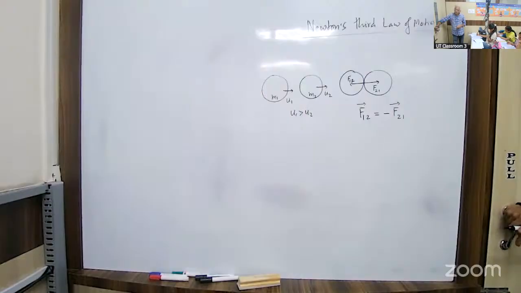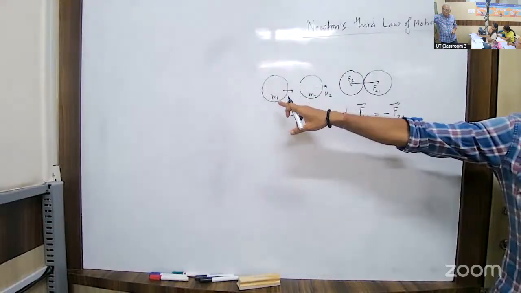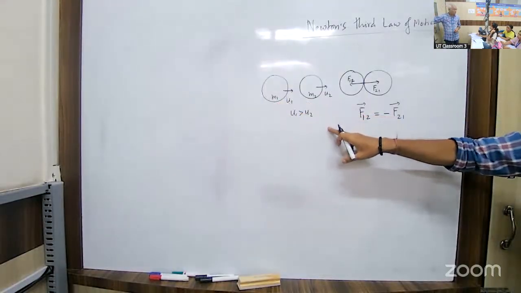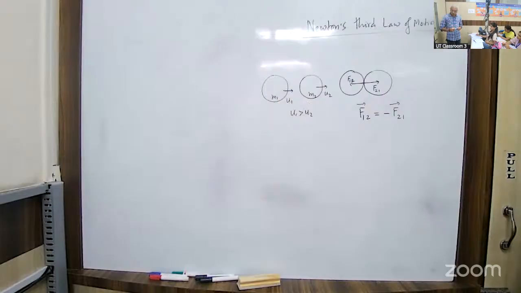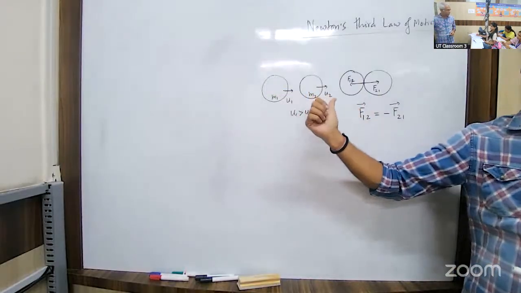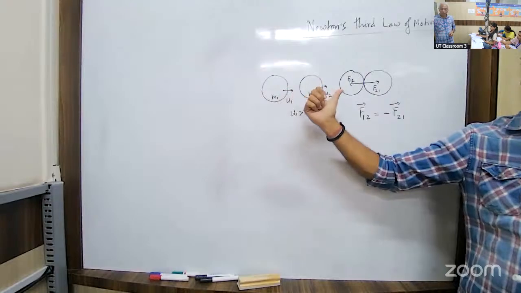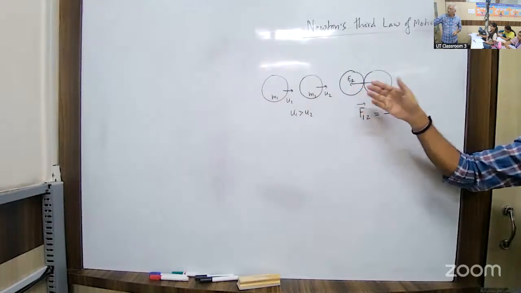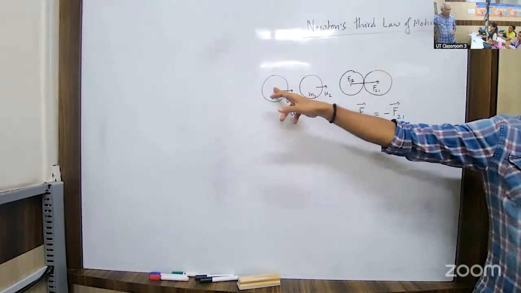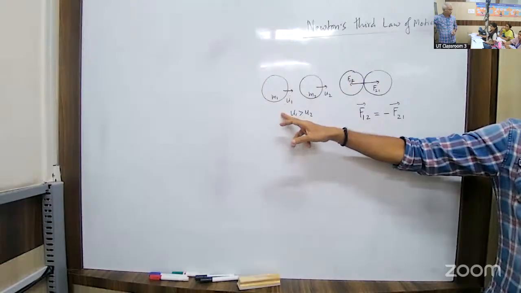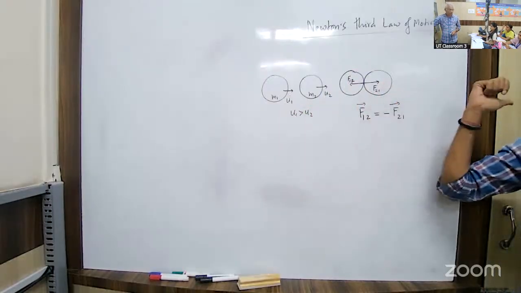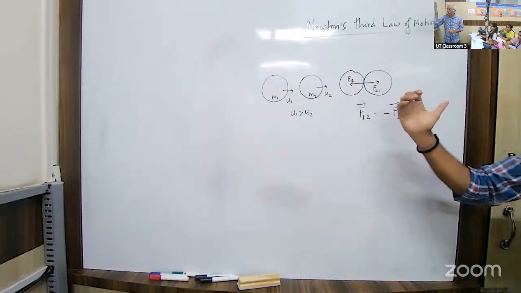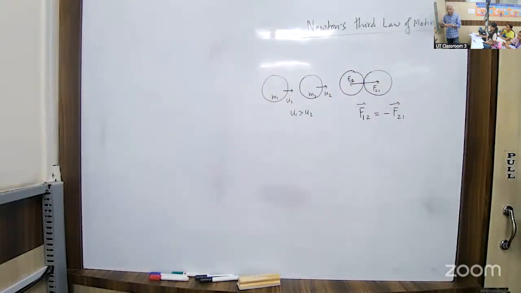Now, which body will move fast and which body will move slow after collision? Initially, first body was faster than second body. After collision, what will happen? Its motion was left to right, and this motion is also left to right. But now first body is experiencing reaction opposite to its motion. So this will slow down, whereas this body will move faster now. Both will continue to move in the same direction.